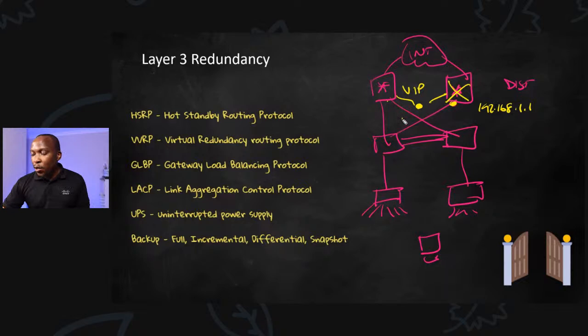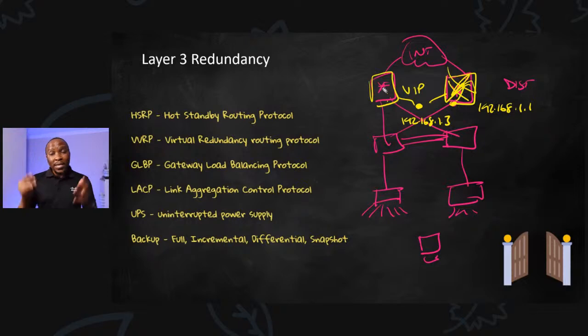And then I'm going to allocate 192.168.1.3 as the default gateway, serviced by these two switches. So if this switch was to go down, this one will then service the requests related to that gateway. All it's basically doing is providing gateway redundancy. I hope that makes sense.